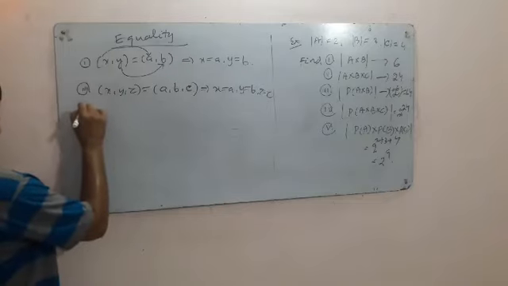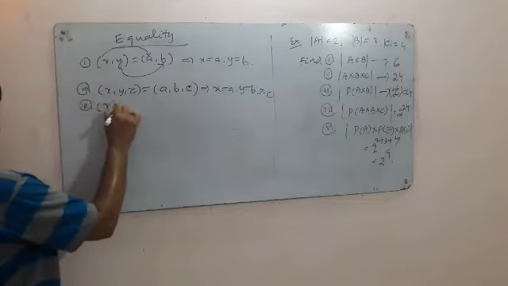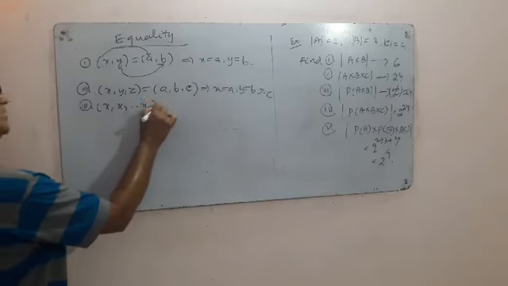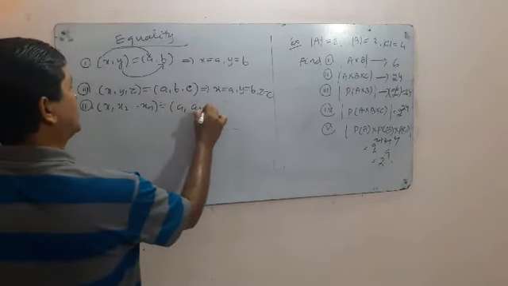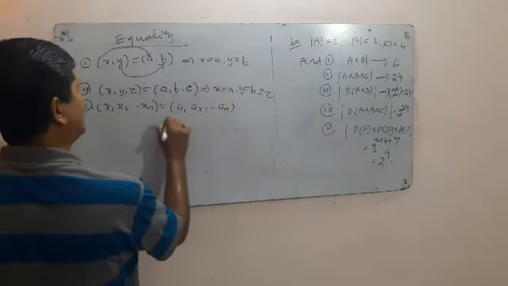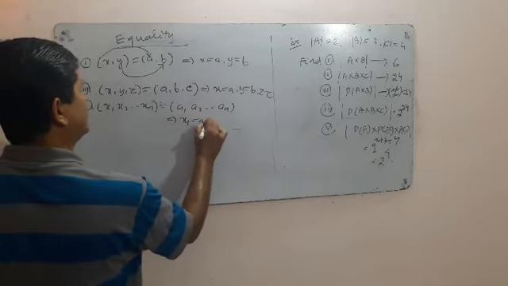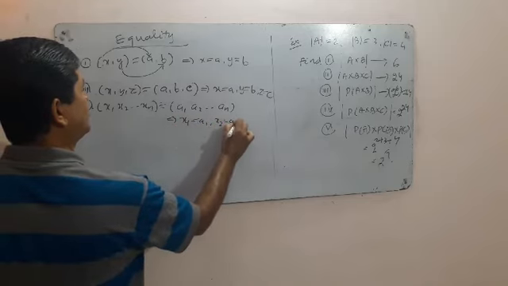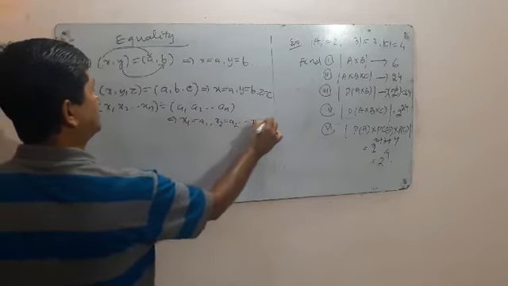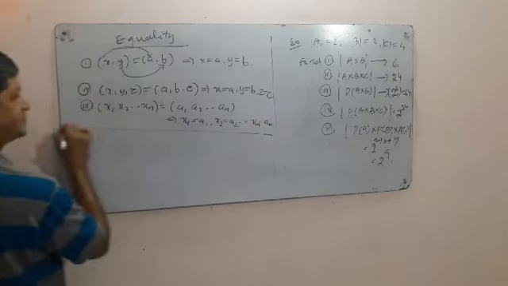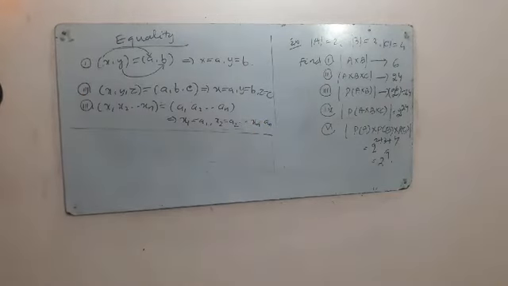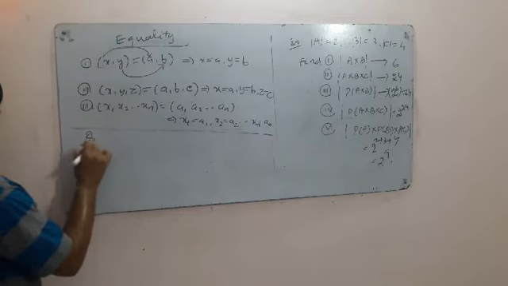Third, x1 x2 dot dot xn equals a1 a2 dot dot an. Then x1 is equal to a1, x2 is equal to a2, dot dot, xn is equal to an. Right.